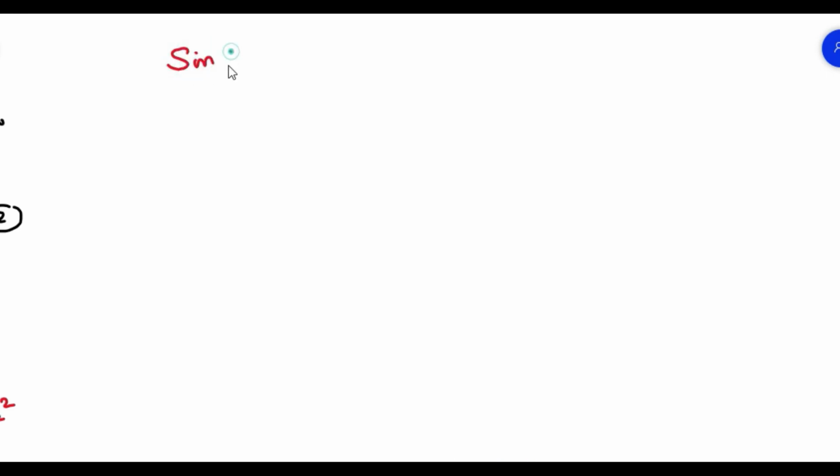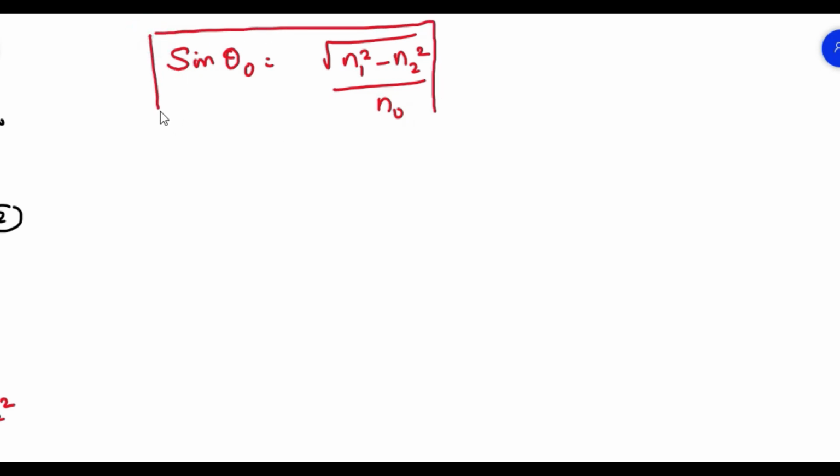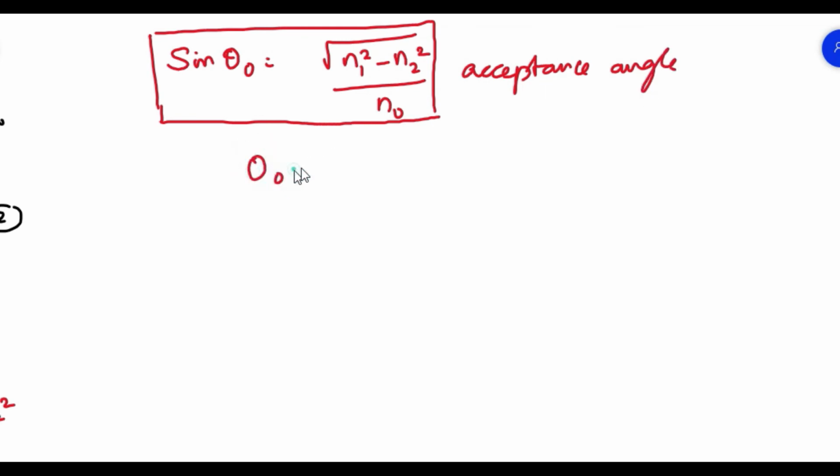So I am just writing sine theta naught as root of n1 squared minus n2 squared divided by n naught. So this is the equation to calculate the acceptance angle. Here theta naught is called as the acceptance angle.